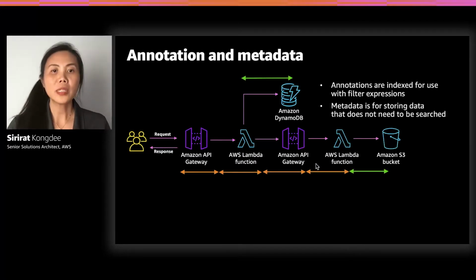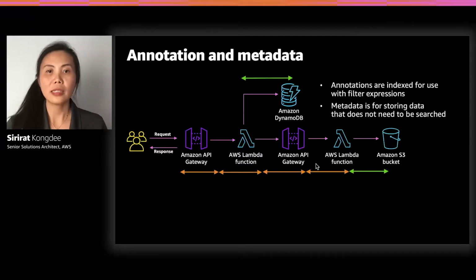So when you instrument your application, the X-Ray SDK records information about incoming and outgoing requests. You can add other information to the segment document as annotations and metadata. Annotations and metadata are aggregated at the trace level and can be added to any segment or subsegment. Annotations are simply key-value pairs that are indexed for use with filter expressions.